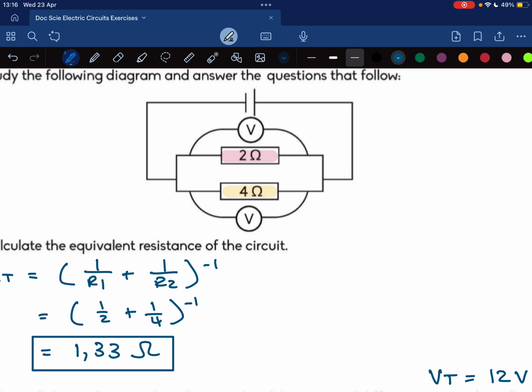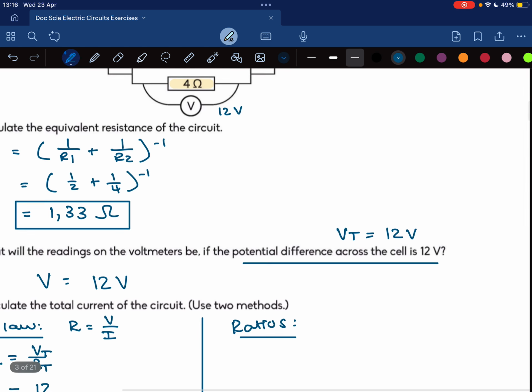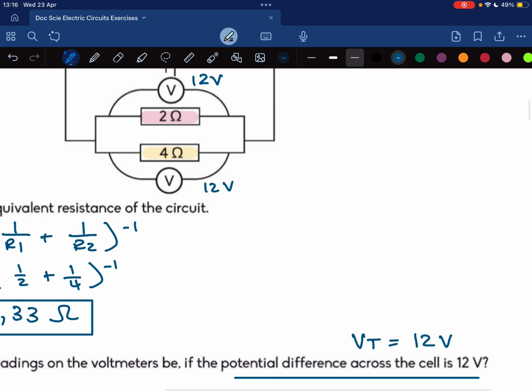Because I know that this potential difference here is equal to 12 volts, and this potential difference here is also 12 volts. So I can calculate the current through this specific part of the circuit, and the current through that particular part of the circuit, and add them together.